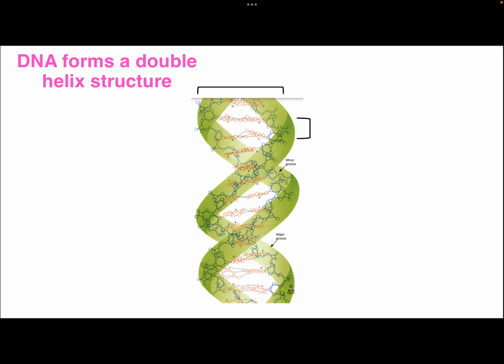But back to our double helix structure. So we were saying that our bases are on the inside of the helix, base pairing with each other, and they stack up on top of each other with a distance of 0.34 nanometers. And that ends up being 10 base pairs per turn. We talked a bit about the inside, let's talk about the outside. On the outside of the helix, we have our sugar phosphate backbone.